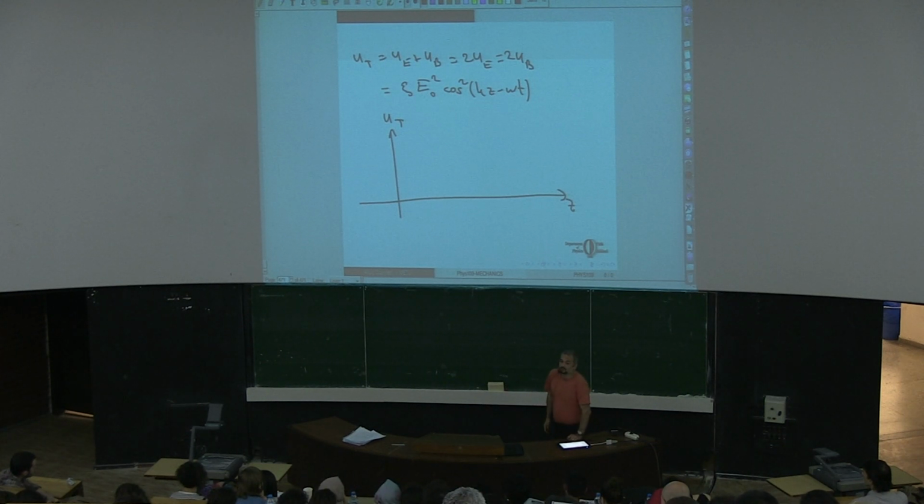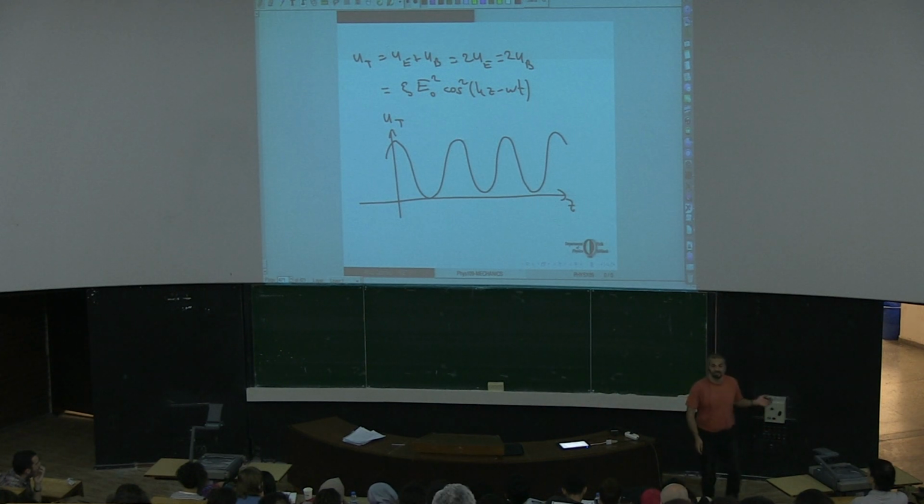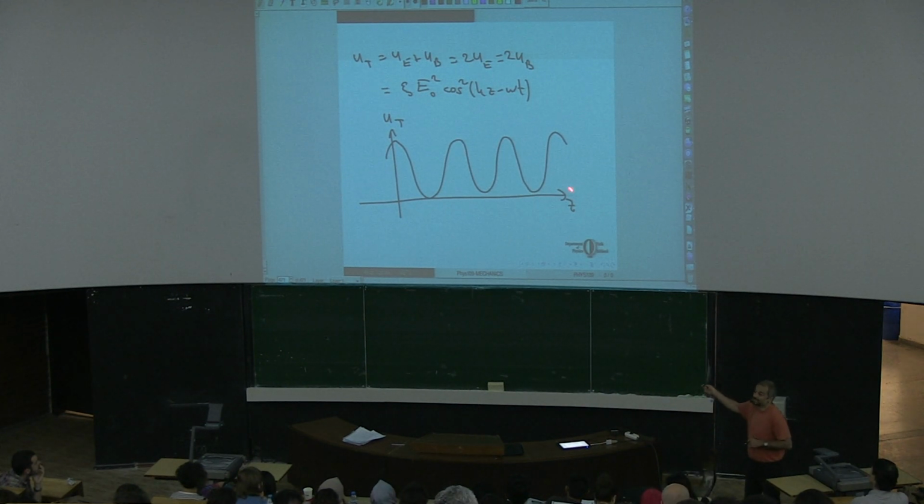So at t equal to 0, it's just the cosine squared function with a maximum at z equal to 0. So this density just looks like this. It's not the same everywhere. It just changes as a function of position at a given time. This is at t equal to 0.